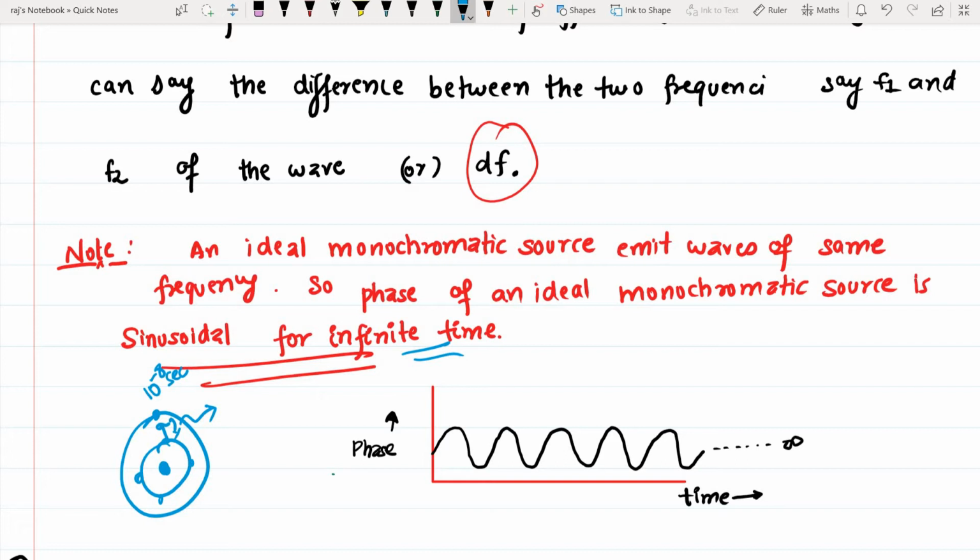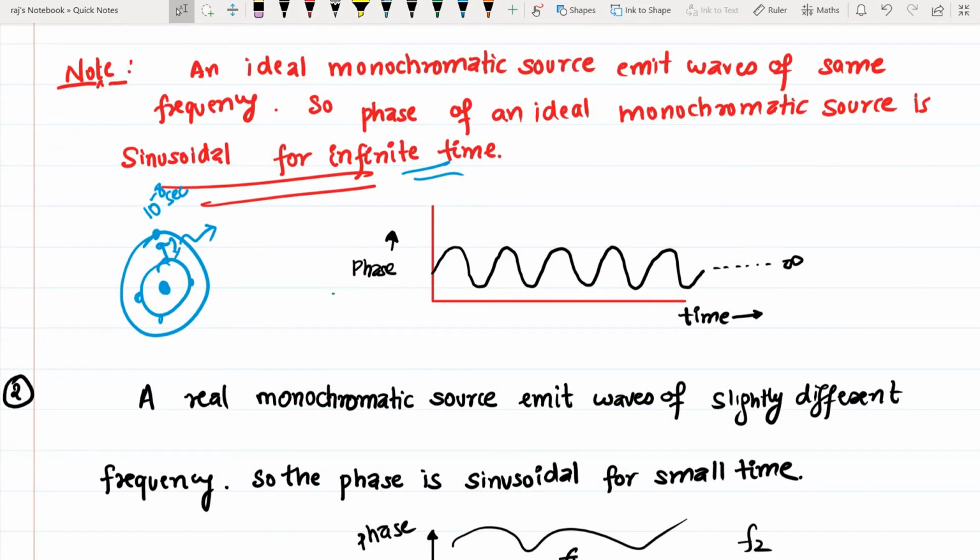But if we take a smaller time interval, say delta t, then for that smaller time you will get a sinusoidal wave, or a wave with constant phase difference. So a real monochromatic source emits waves of slightly different frequencies. The phase is sinusoidal for a small time period, delta t.